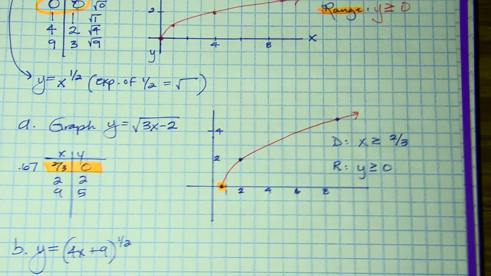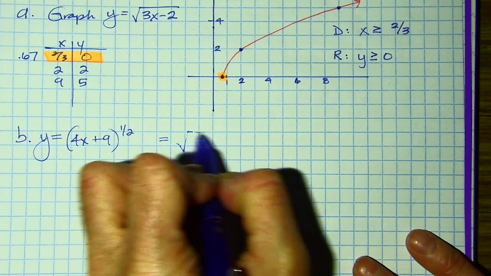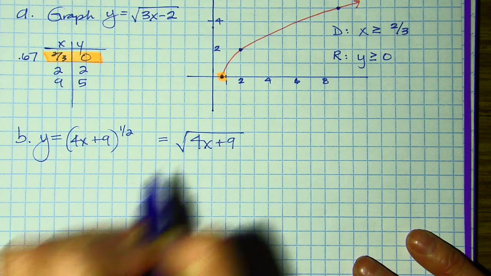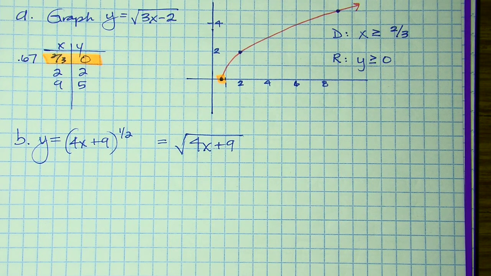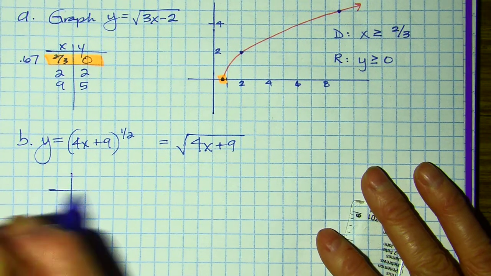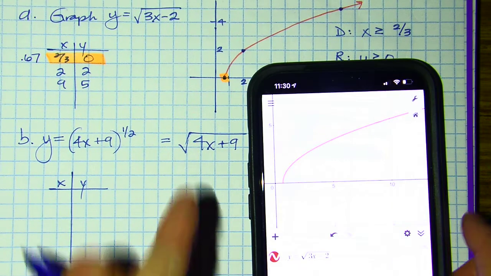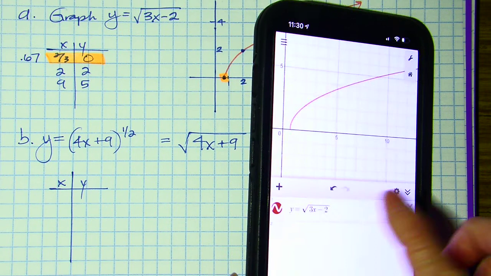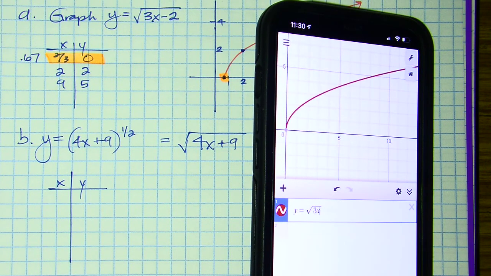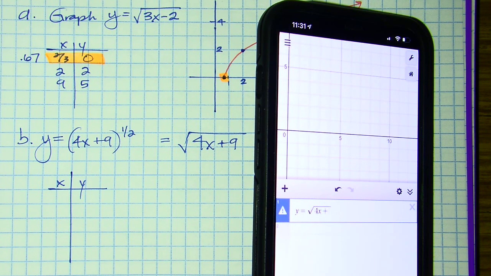Now remember that this is the same as the square root of 4x plus 9, okay? They have an equivalent value, that exponent and that root symbol. So I'm just going to track those first couple points. I'm going to use Desmos. So I'm going to enter it this way because then I can just edit the last problem we did. So I have 4x plus 9.